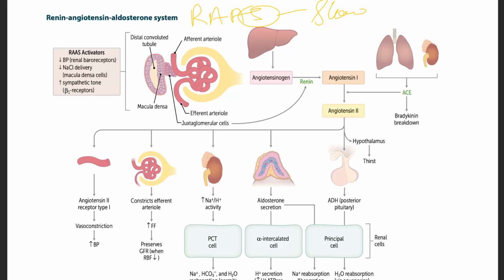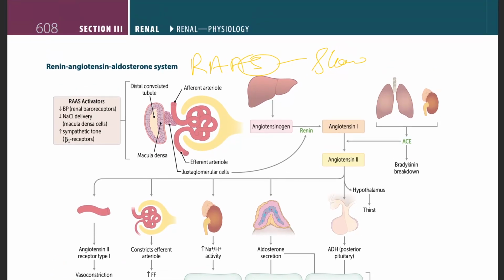If the body wants to have the effects that they're going to make, which is to, let's say, increase blood pressure, preserve the GFR, or any effect that they're trying to make, they will make that effect, but slowly. It's going to take some time for them to work.